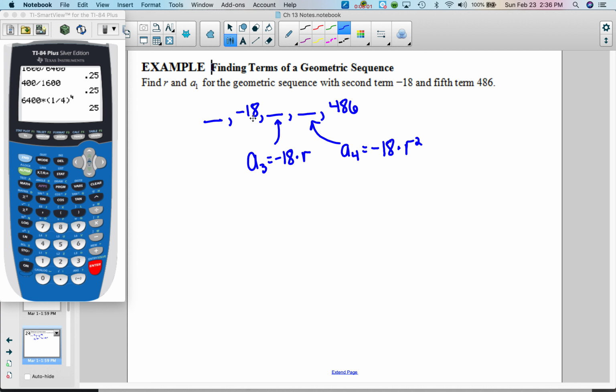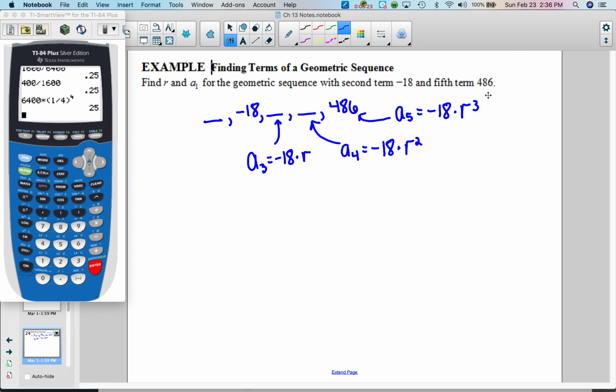Because I multiply by r to get this, I multiply by r again to get this, so that was r squared. And then to get this term right here, which is a sub 5, I would take -18 times r to the third. Now, -18 is not the first term, it's the second term, but the relationship between those still holds.